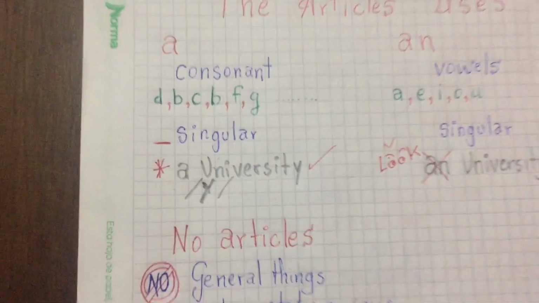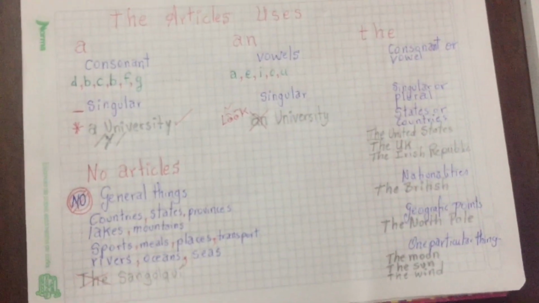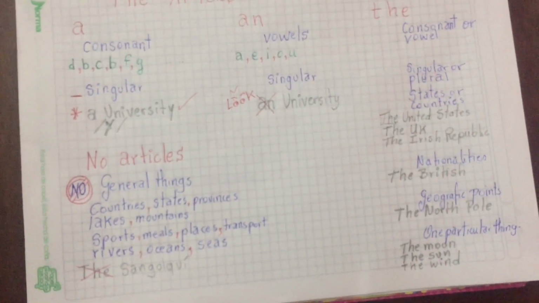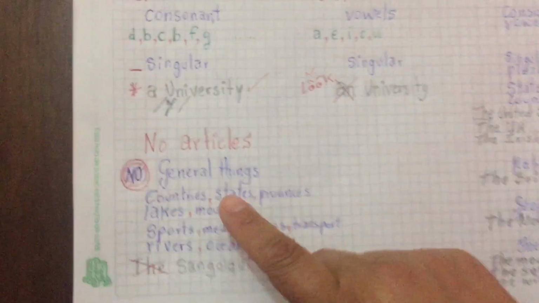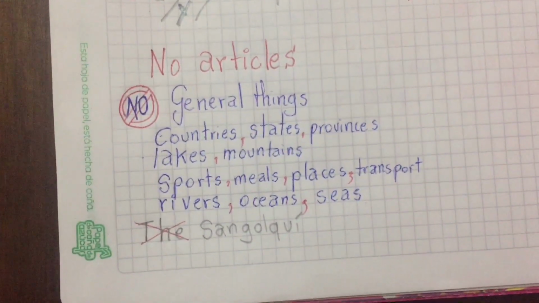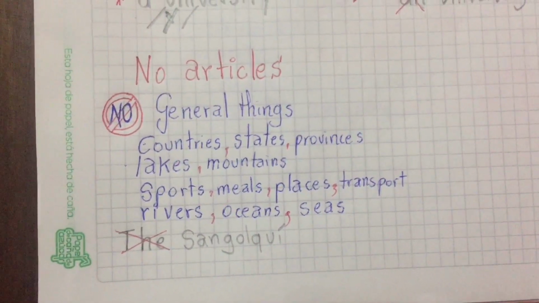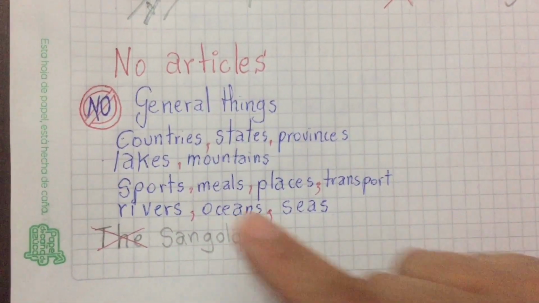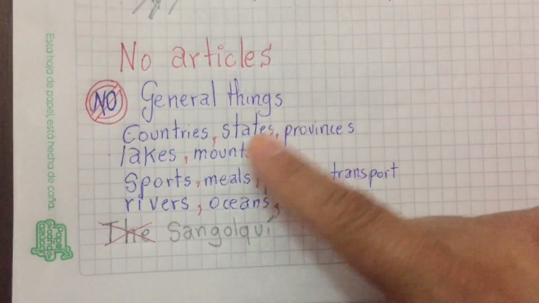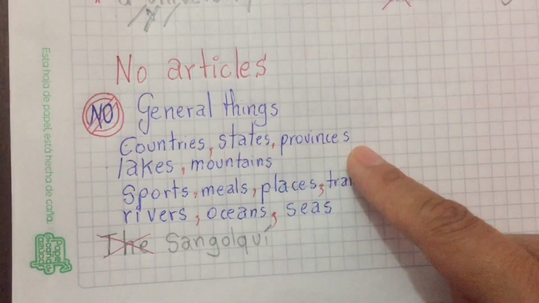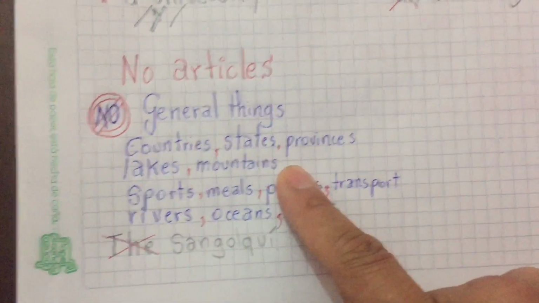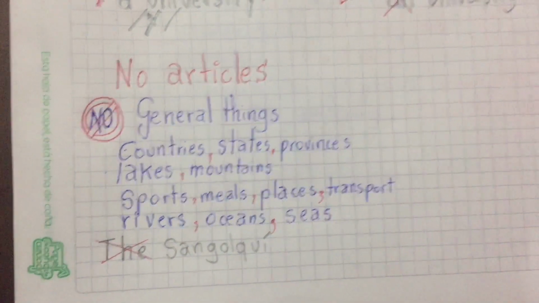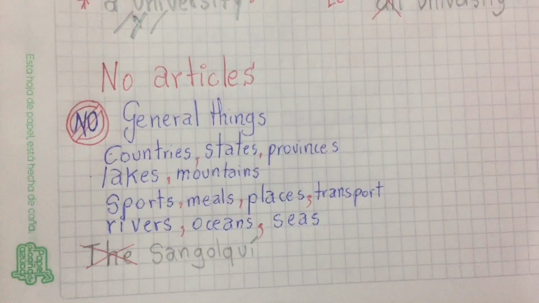Okay, so what happens with some nouns that we can use with articles? Here I have more examples of when you mustn't use articles. So when don't you use articles? When you have general things, countries, states, provinces, lakes, mountains, sports, meals, places, transport, rivers, oceans, and seas.